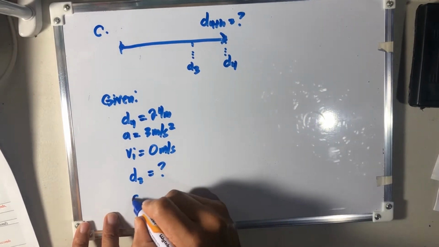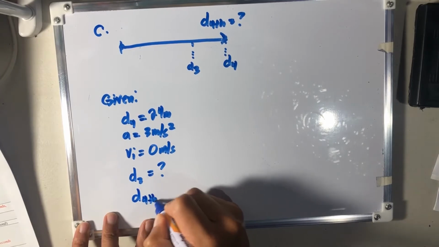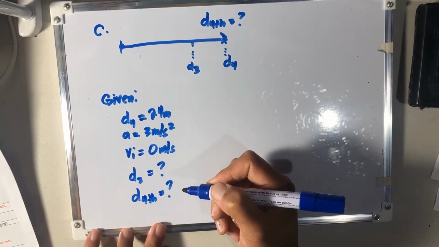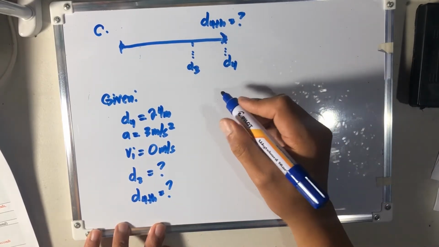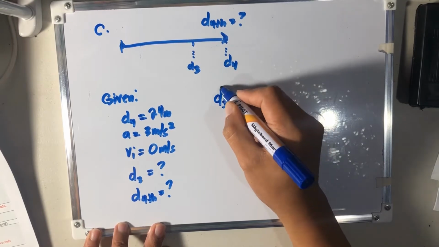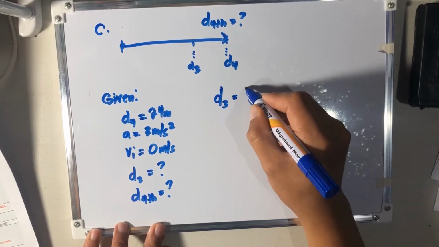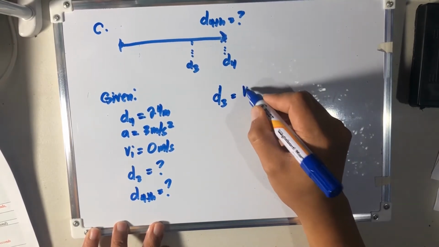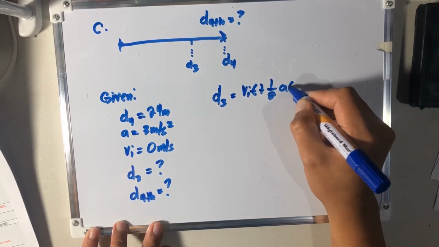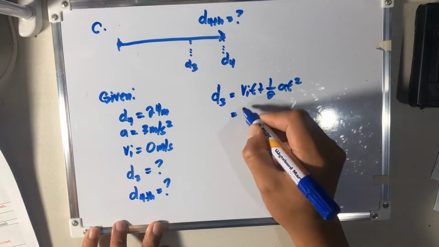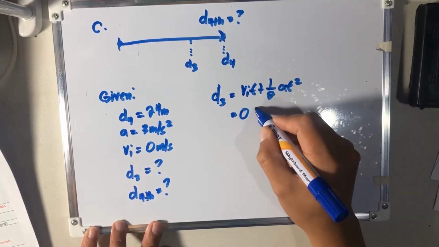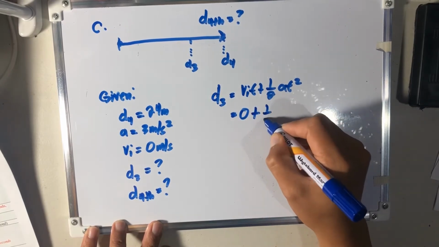Then we have to solve for the distance during the 4th time interval. Okay. So let us solve first for d3. So d3 is just the formula for distance, so that is vi t plus 1/2 a t squared. So whatever you multiply with a zero velocity is still 0 plus 1/2.